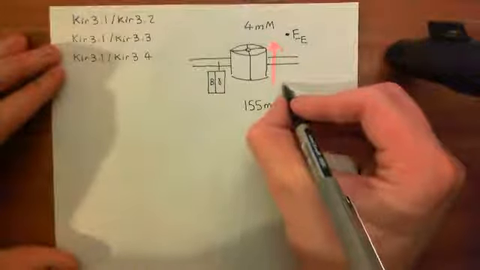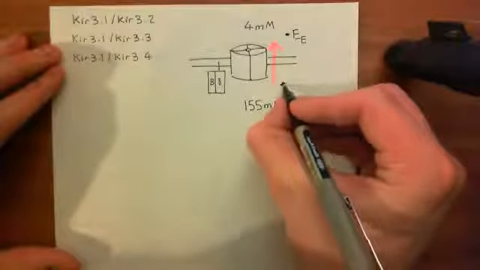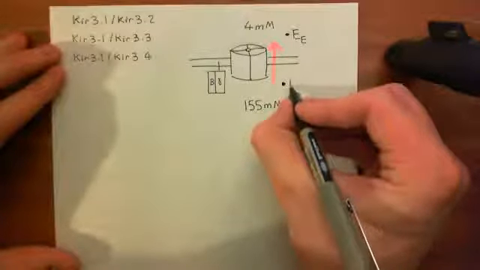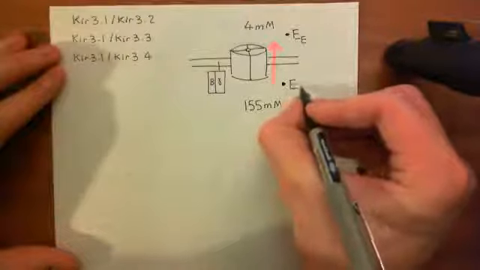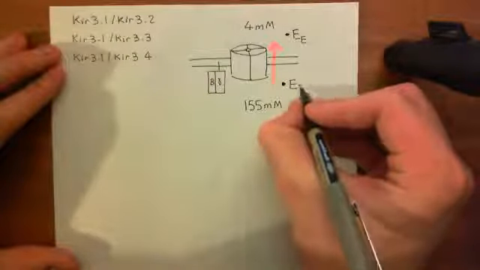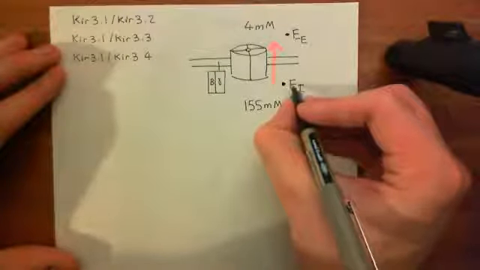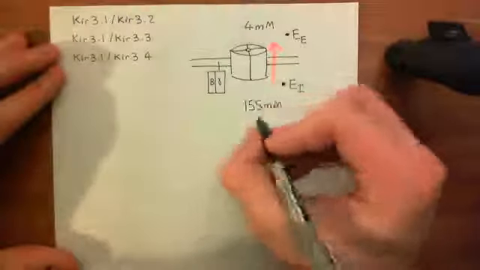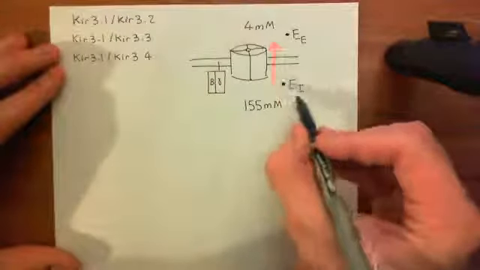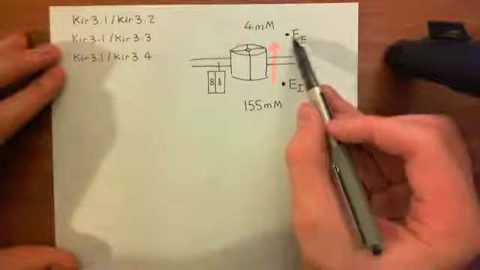Now, this little man can then go into the cytoplasm of the cell and he can measure electrical potential there, and we'll call this big E subscript I for electrical potential intracellularly, okay? And the number here will not be the same as the number here.